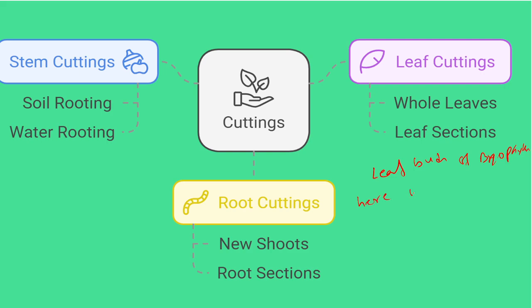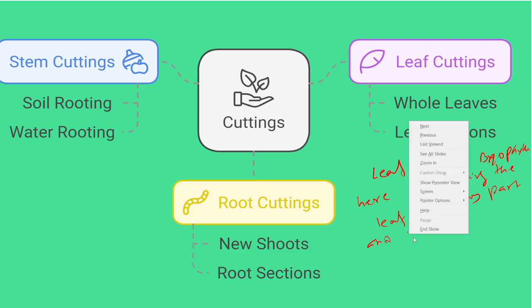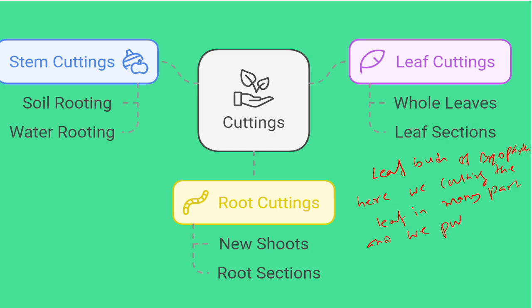Here we cut the leaf into many parts and put them in soil. After some time the leaf parts grow and form a new plant.